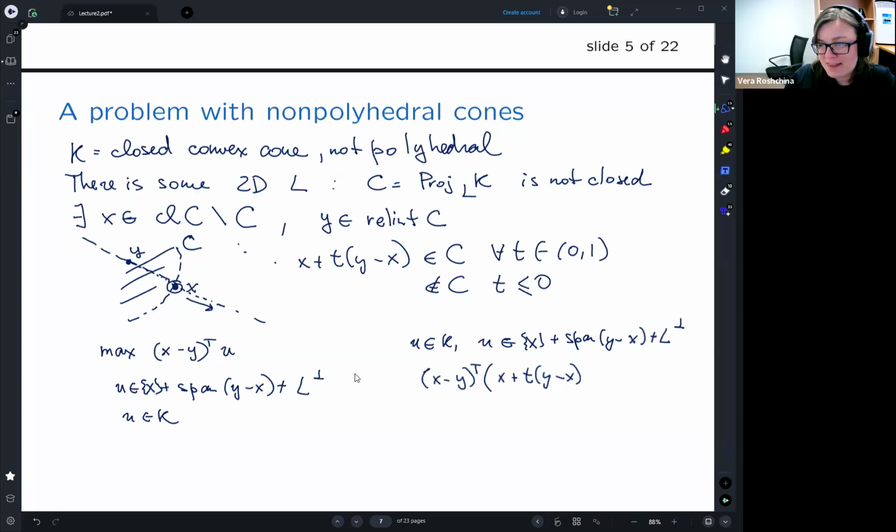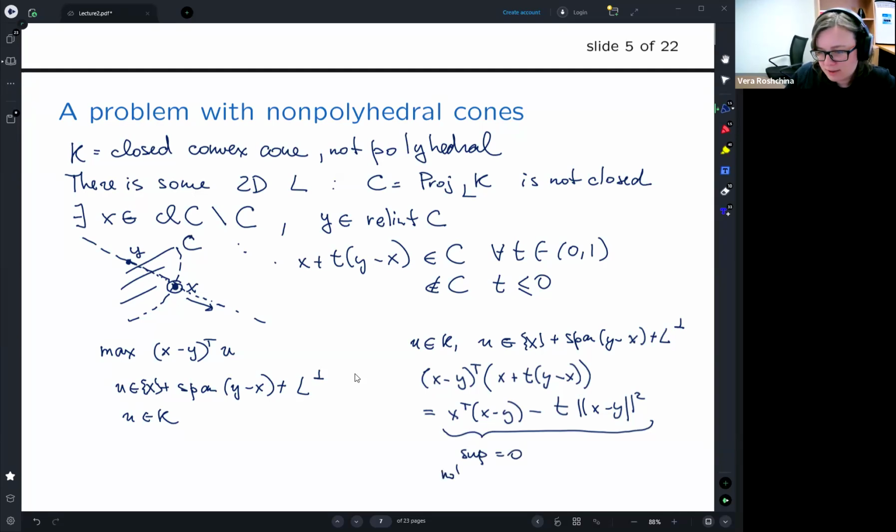This part will disappear because X minus Y is in L, and it's orthogonal to this orthogonal complement. So we'll have something like this, and then I will have X transposed, X minus Y, minus T times the norm squared of X minus Y. Because of this condition, the maximum is not attained, because the supremum of this is going to be 0, but it's not attained at any point.